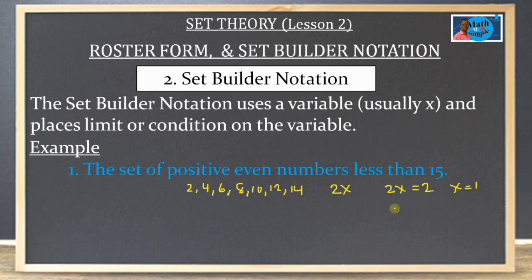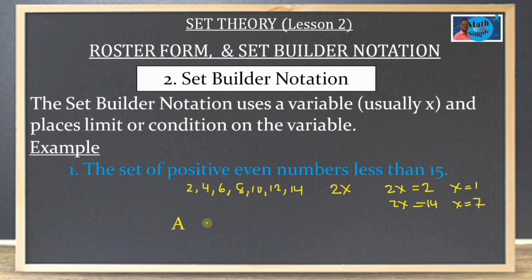Then we take 14. 2x equals 14, then our x will be 7. So the limit of x must be 1 to 7, because if you have x to be 8, for example, you have 2 times 8, which is 16. 16 is not in this set.